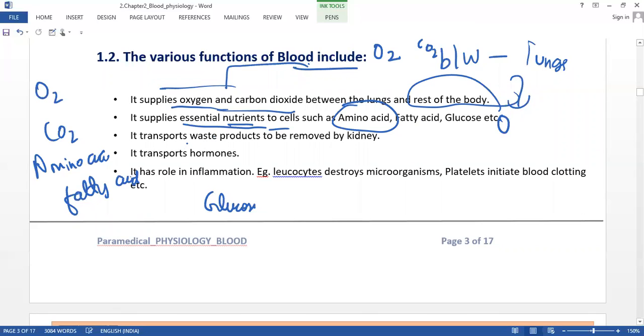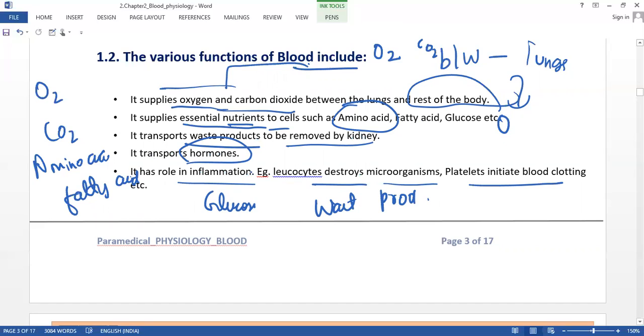It transports waste products, which are removed by the kidney, and it transports hormones. It has a role in inflammation, where leukocytes destroy microorganisms, and platelets also initiate blood clotting.